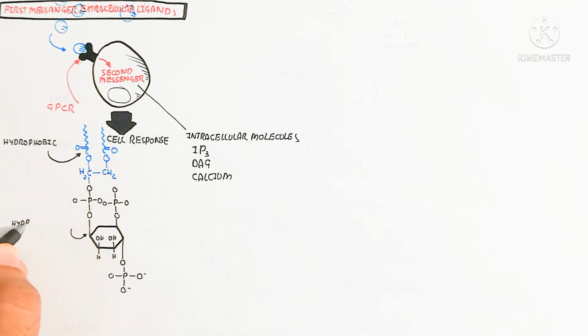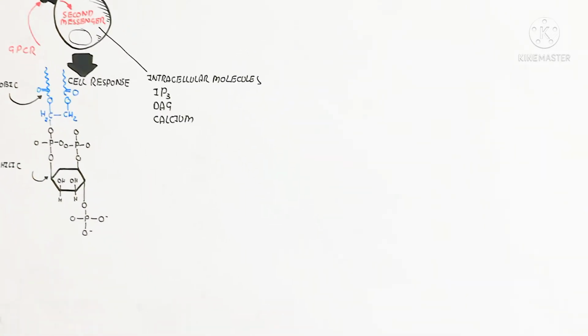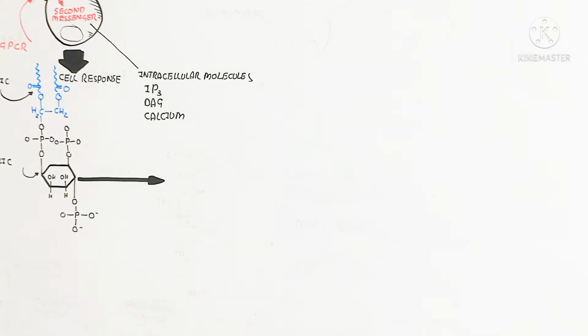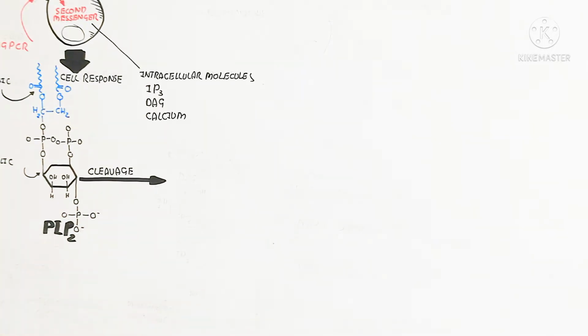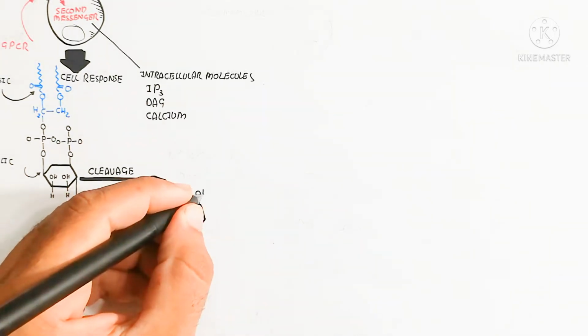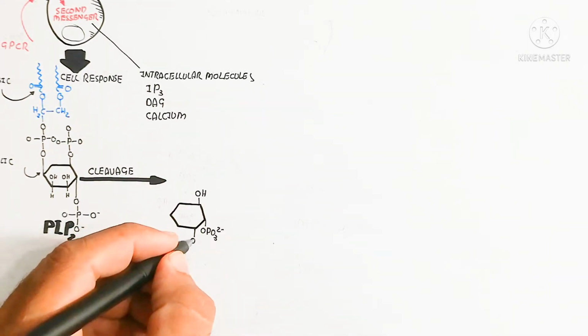After cleavage, diacylglycerol as well as IP3 are produced. IP3 looks like a hexagonal structure containing three phosphate groups, at carbon number 1, carbon number 4 and carbon number 5.